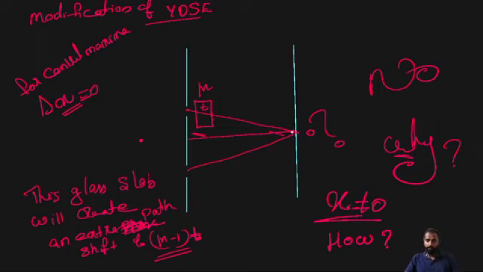We won't get a central bright fringe here. Is there any possibility to get the central bright fringe, the central maximum, anywhere on the screen?